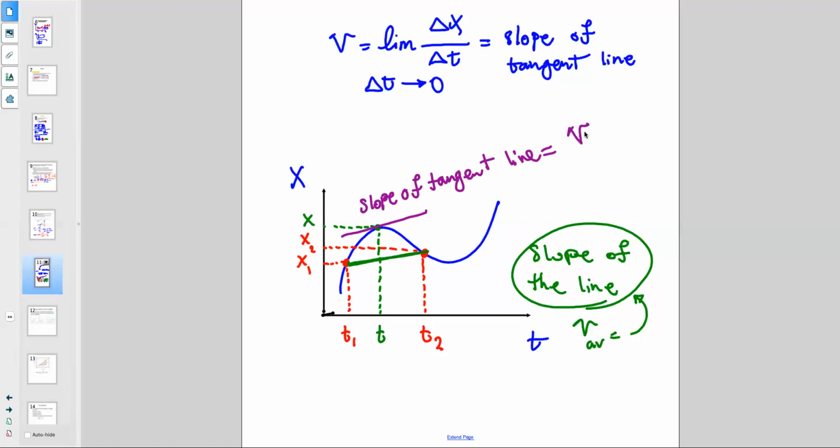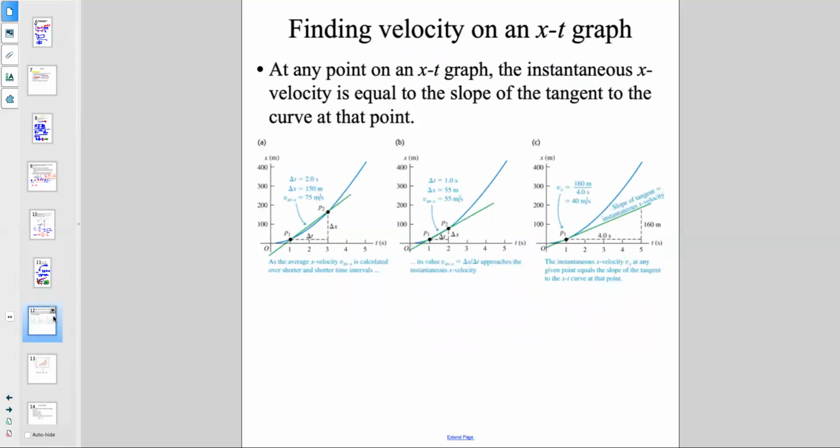We're not dealing with 2 points. So, at any point on an xt graph, the instantaneous x velocity is equal to the slope of a tangent to the curve at that point. And we just talked about it. So you know what I'm talking about.